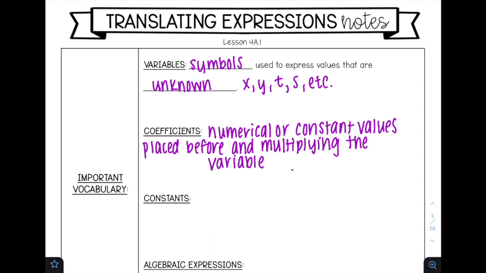So if we have 7x, our coefficient would be 7.